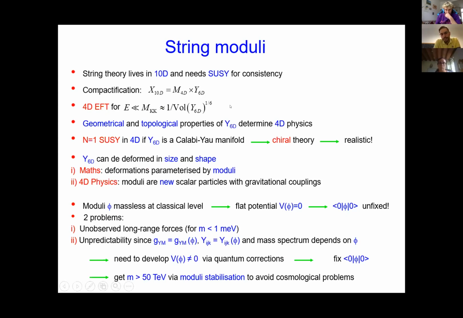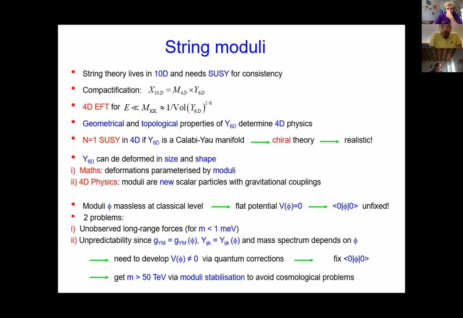Now, the nice thing is that the geometrical and topological properties of the extra dimensions determine the properties of the 4-dimensional effective theory. And for example, the requirement of getting a supersymmetric N=1 effective theory, which is chiral, so that one can get the standard model out of a string compactification, tells you that this 6D manifold should be a Calabi-Yau manifold.